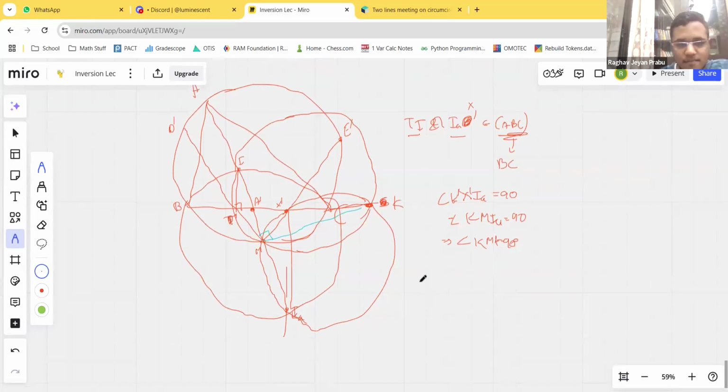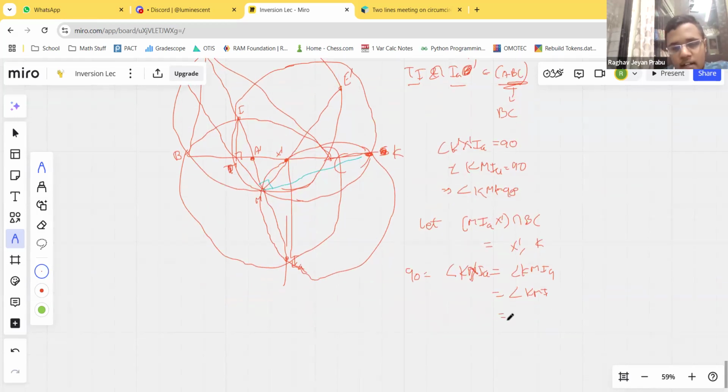I'll just write this down. So let MIA intersect BC at X', and call the other point K. Then angle KMIA is 90. So 90 is equal to angle KX'IA, which is equal to angle KMIA, which is equal to angle KMI.